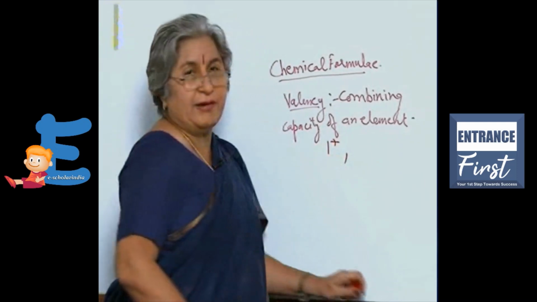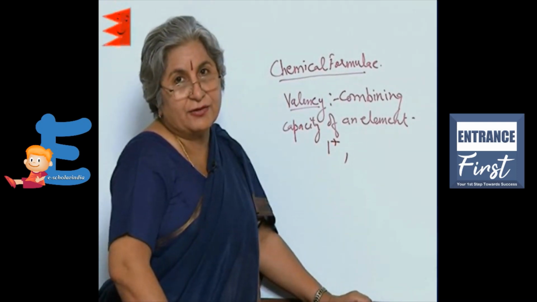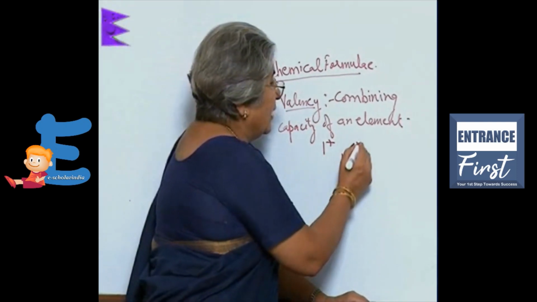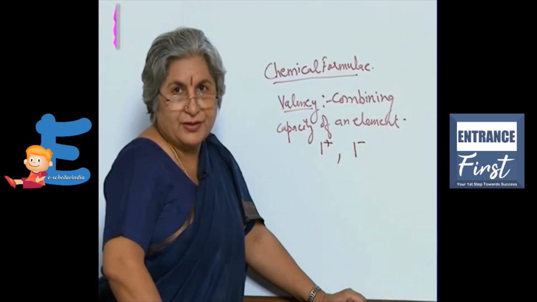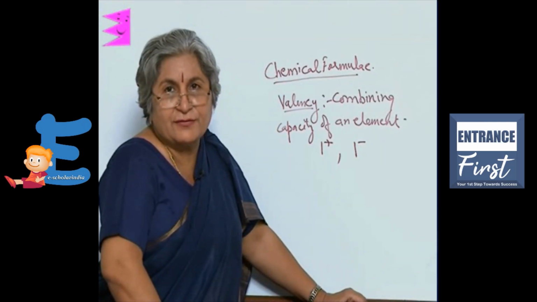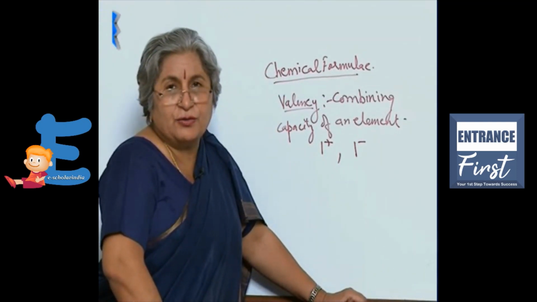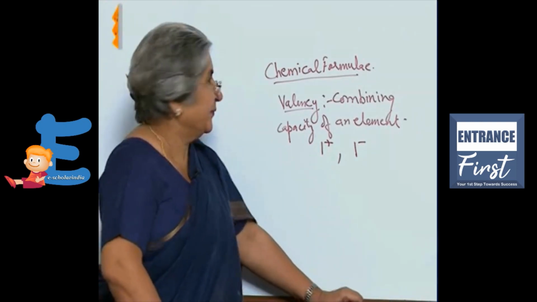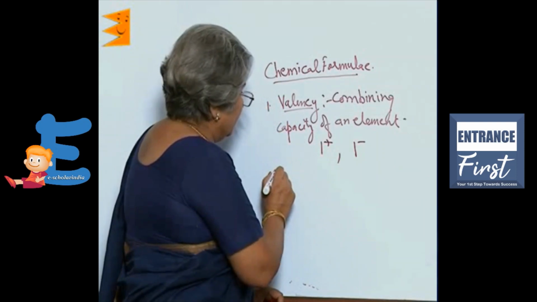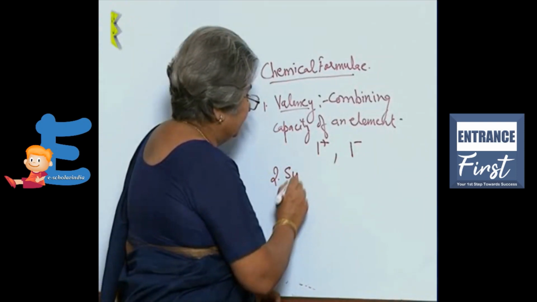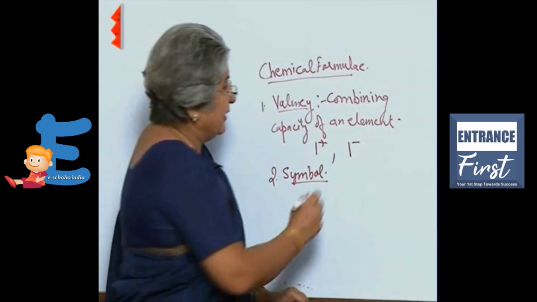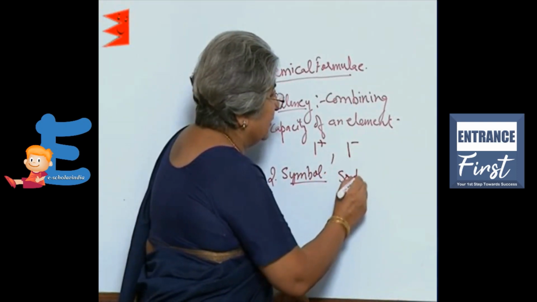And in case of chlorine, it can gain one electron. An electron is negatively charged, so it is 1 negative. So, if we want to write the formula of sodium chloride, we ought to know the valency of sodium and chlorine. Second thing that we need to know is the symbol.